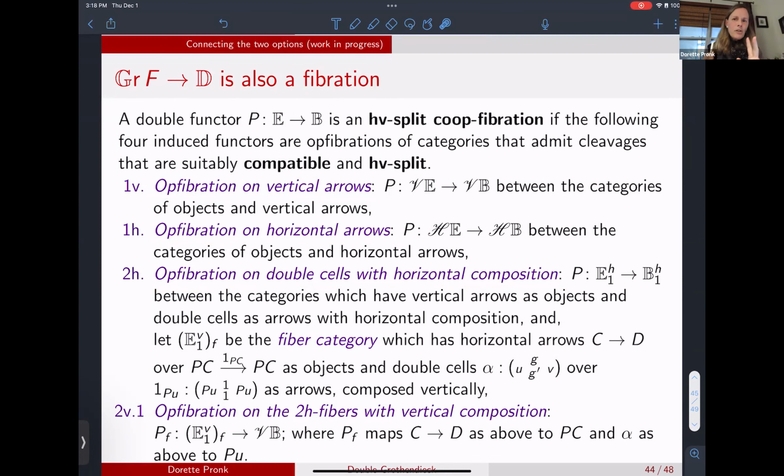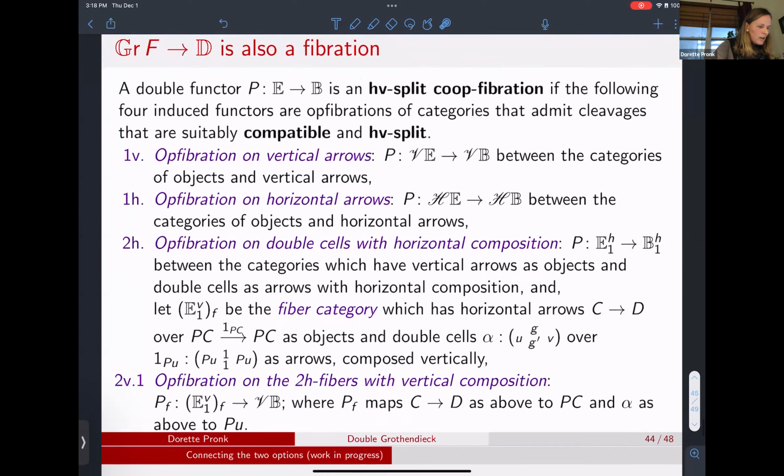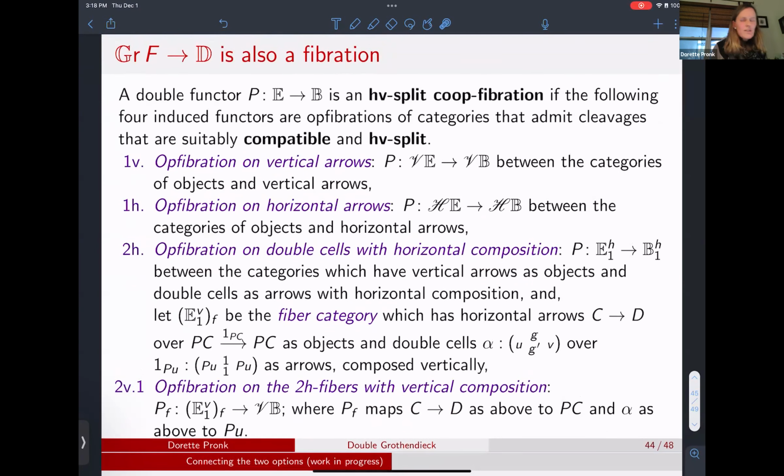And then the fourth part: now you might wonder, what happens in the other direction? What if you take double cells with vertical composition? Well, here we have to restrict ourselves to only the part that sits over horizontal identities. So we only take the fiber part there. If you take the fiber part in the vertical direction, there we do get again an op fibration.